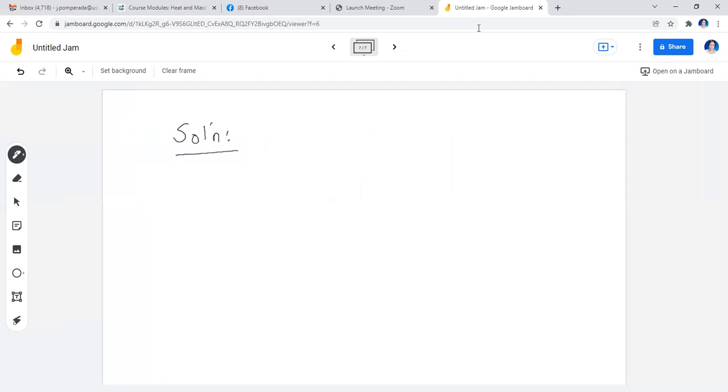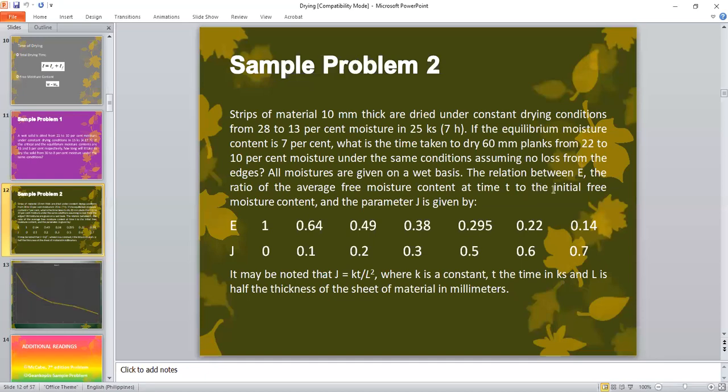Now, there was a mention in the problem about the E. I'd like to go back to the problem. Is this mention here about the E? And you see that E in here. Okay, 1, 2, 3, 4, 5, 6, 7 pairs of information relating E to J. So you have E, which is the free moisture content at any time T and the initial free moisture content.